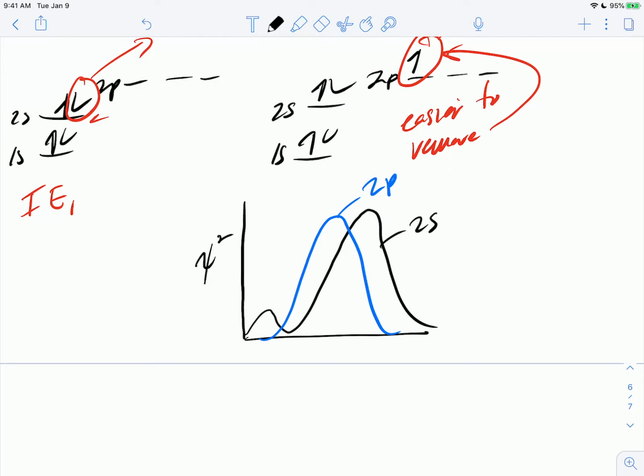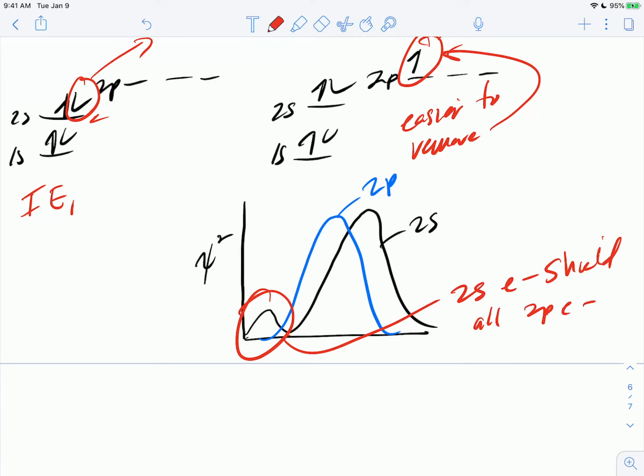So we remember that these 2s electrons shield all 2p electrons. That means that once we have an electron in the 2s, the 2p electrons are shielded. So we see that this shielding causes the Z effective to go down for the 2p electrons, which means that we see a decrease in the first ionization energy.